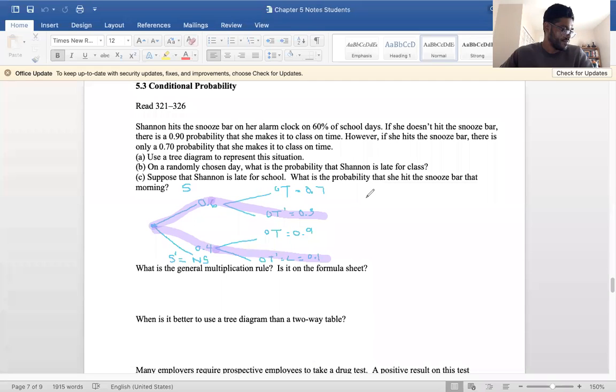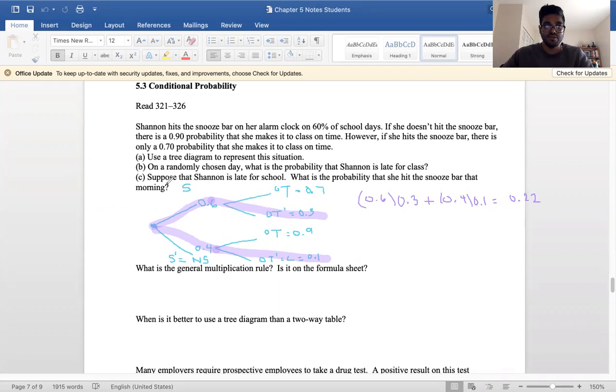So you have 0.6 times 0.3 plus 0.4 times 0.1. And this equals 0.22. So the likelihood that she's late is 22%.